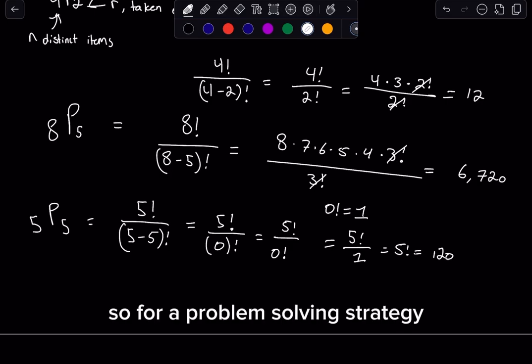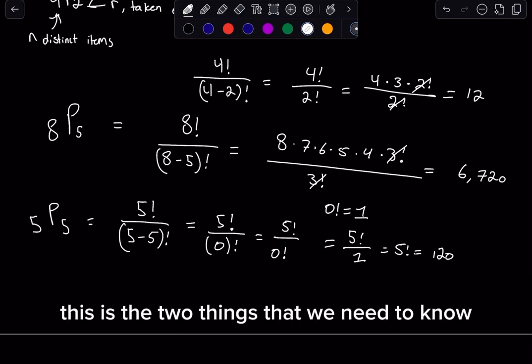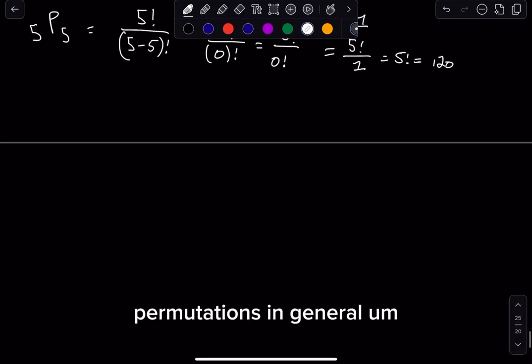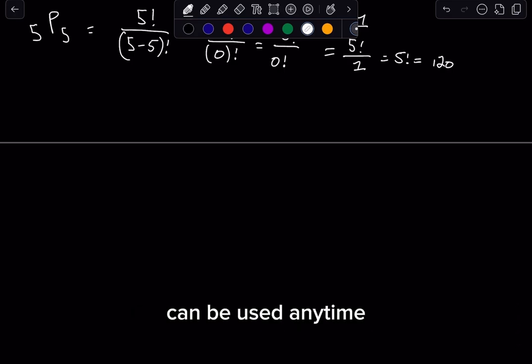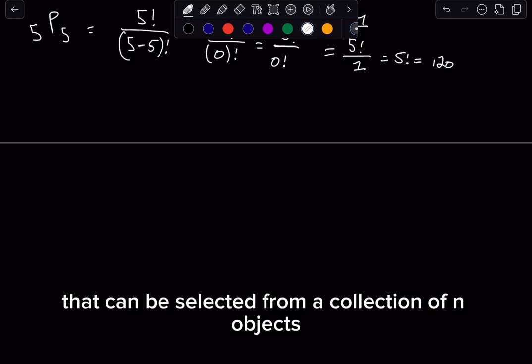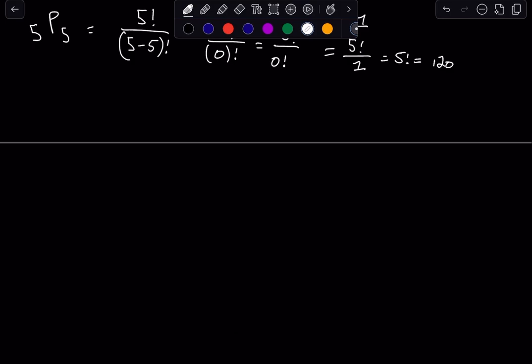So for our problem solving strategy, these are the 2 things that we need to know. Permutations in general can be used anytime we need to know the number of arrangements of r objects that can be selected from a collection of n objects. The word arrangement implies an ordering.